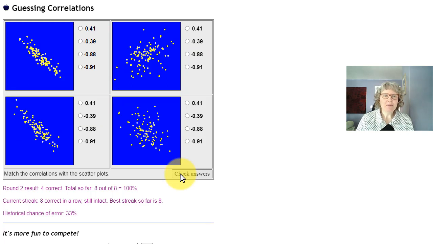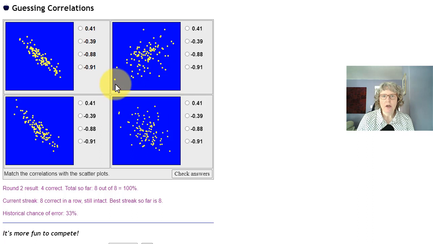Let's do one more. Okay, we've got another one. These two are pretty close on the right, and the two on the left are fairly close as well. Oh, except on the right, even though these are pretty weak, one is generally positive and one is generally negative.